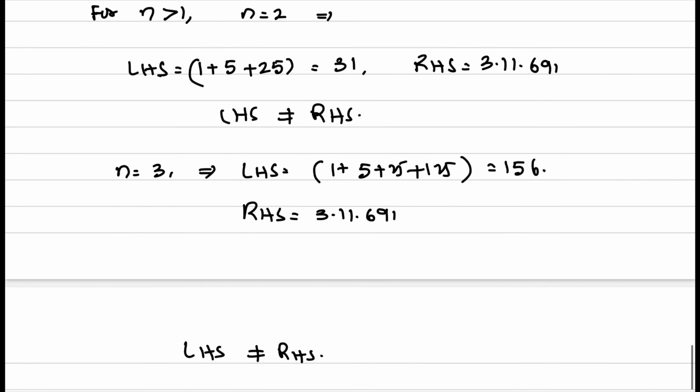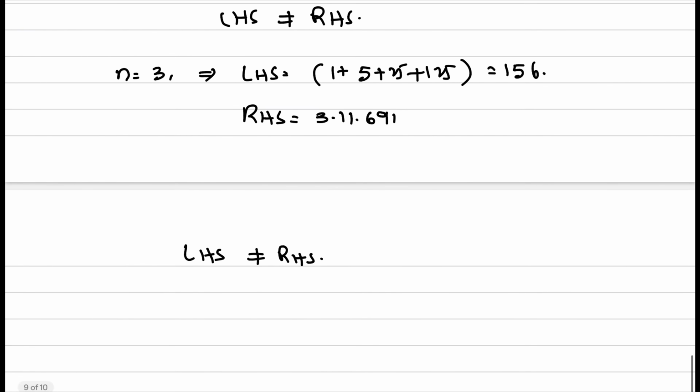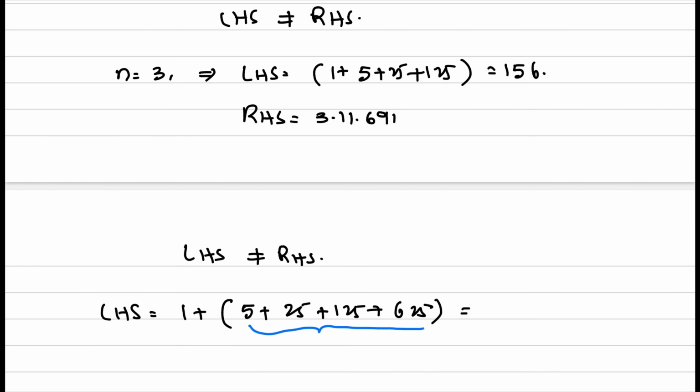Like this. If n is equal to 4, what happens? Left hand side is equal to 1 plus 5 plus 25 plus 125 plus 625. This particular one is increasing as a geometric series. Multiple of 5.